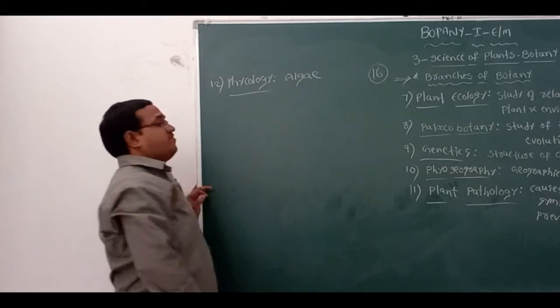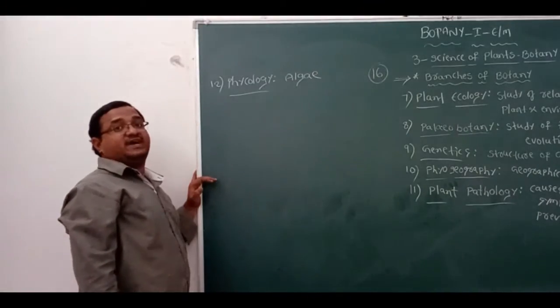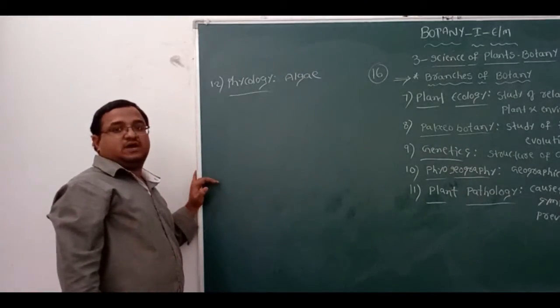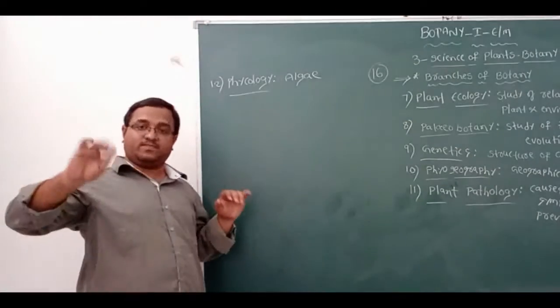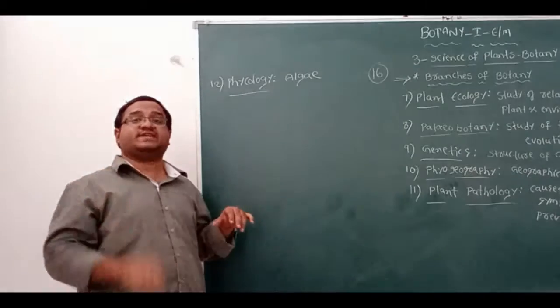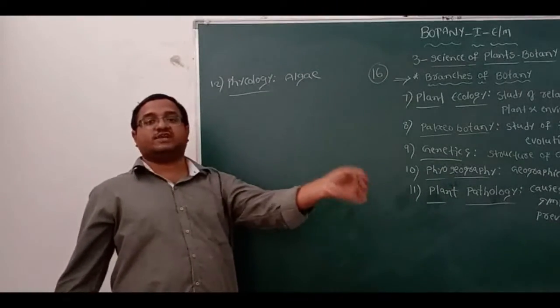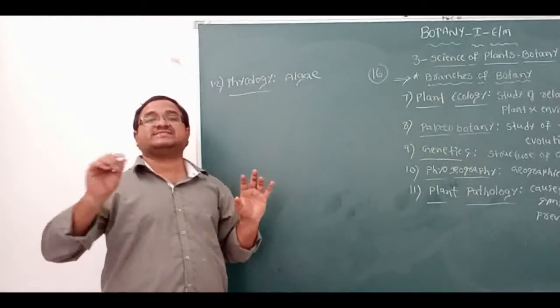That is called phycology. But what is algae? Algae are chlorophyllous, containing chlorophyll, able to perform photosynthesis. But there are no proper stems, no proper leaves, no proper roots. The plant body is just a thallus.